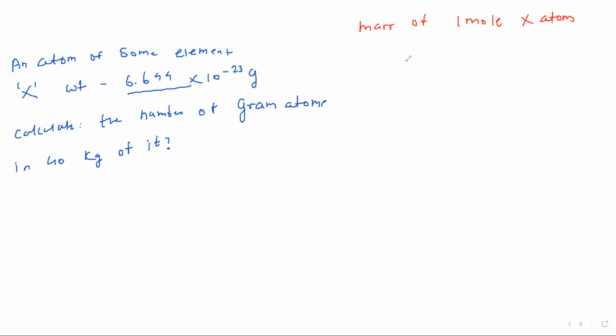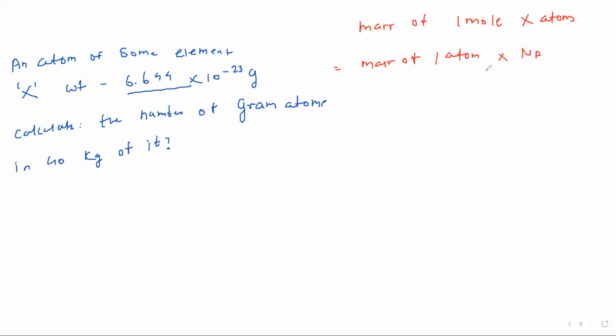Then exactly we need 40 kg, so 40 into 10 to the power 3 divided by 6.644 into 10 to the power minus 23, and then we get the answer 6.02 into 10 to the power 26 atoms.